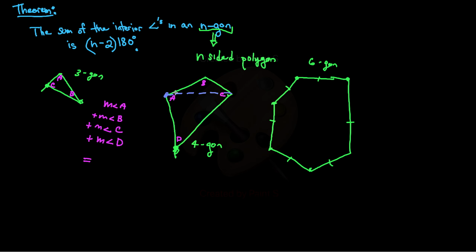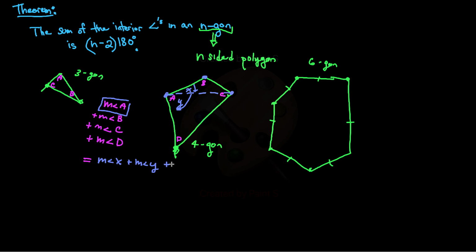So there's already a line from A to B. There's no line from A to C, and then there's a line from A to D. What that does is split up angle A. Let's say this is angle X, and then this is Y. We should see immediately that X plus Y is angle A. So in this sum, instead of writing measure of angle A, I'm just going to swap it out with the measure of X plus the measure of Y.